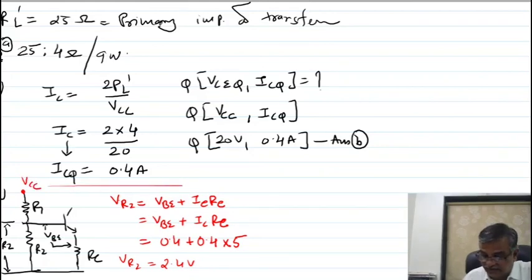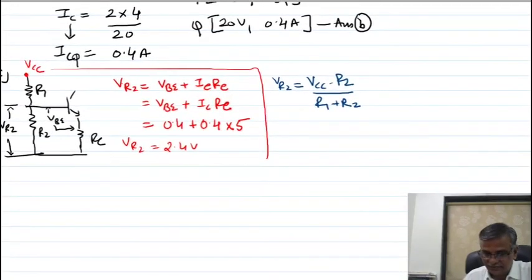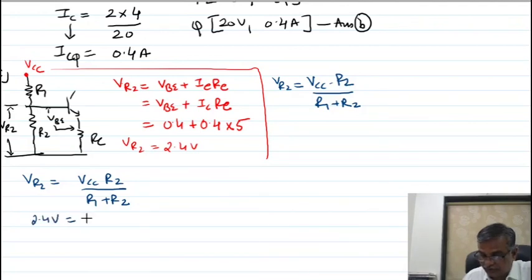So from this I can write VR2 is nothing but VCC into R2 upon R1 plus R2. You know the potential divider equation. So this is your 2.4 volt. This is your 20 into R2 upon R1 plus R2.